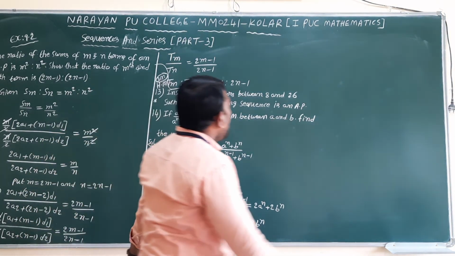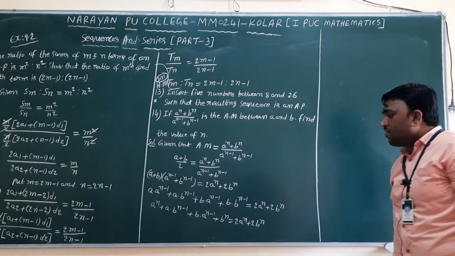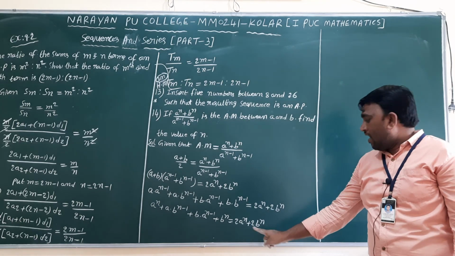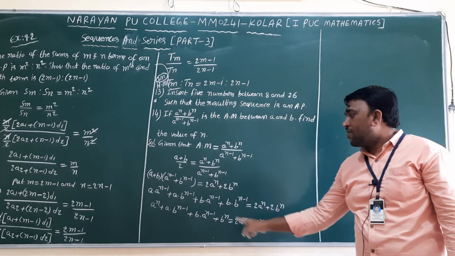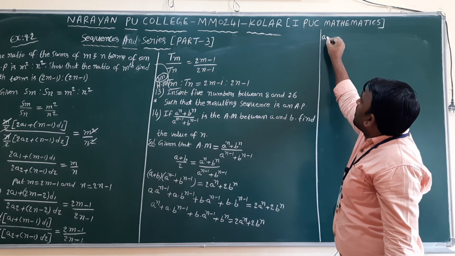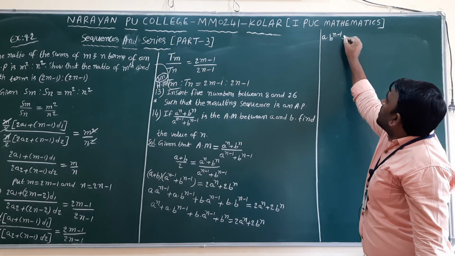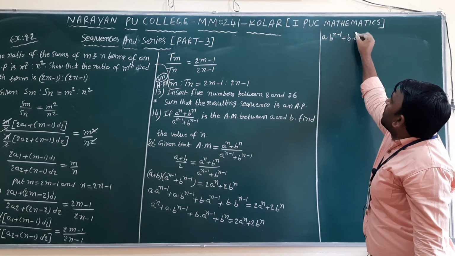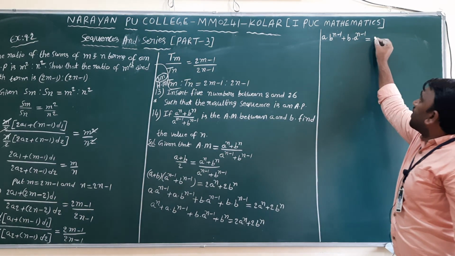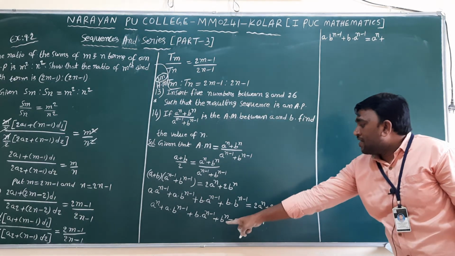So now send a power n and b power n to the right side. Already here 2a power n is there, 2a power n minus a power n. So first remaining is a into b power n minus 1 plus b into a power n minus 1 is equal to 2a power n minus a power n plus 2b power n minus b power n.